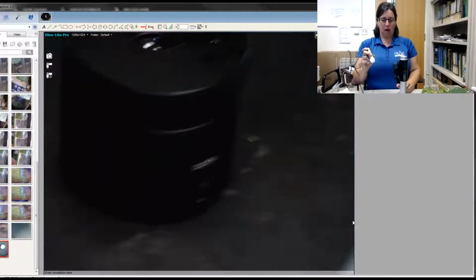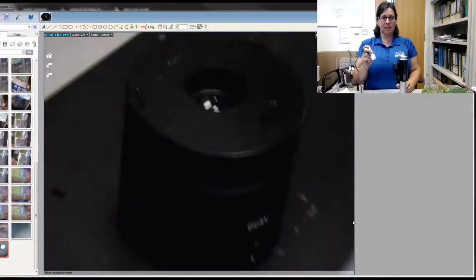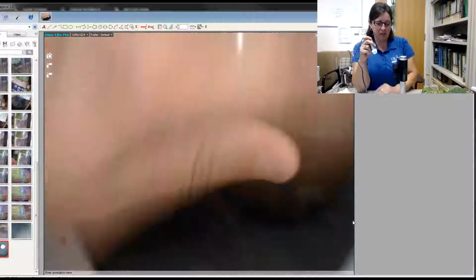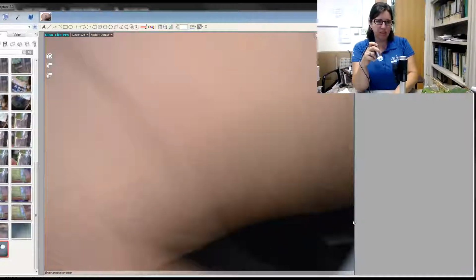There we go. It's just a little light block. And what we did yesterday is we flipped a cell phone over, turned on the flashlight of the cell phone, and we set the slide right on top of that. So just a backlighting of some sort is all you need.